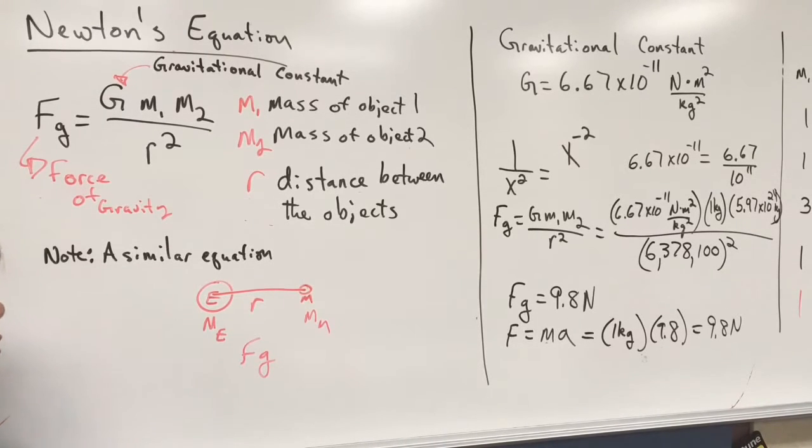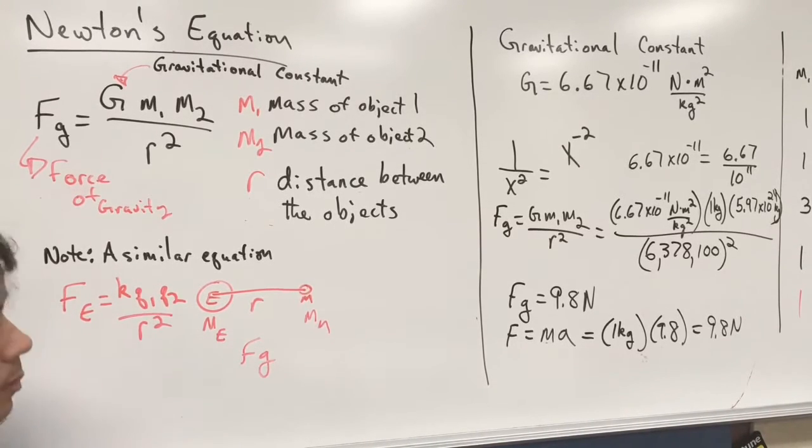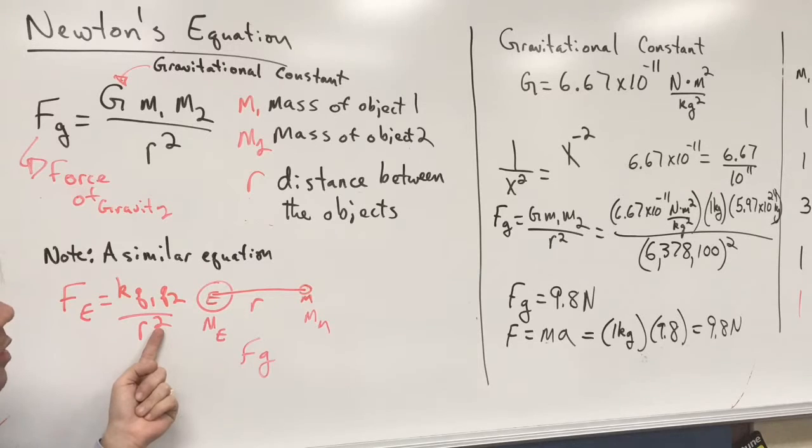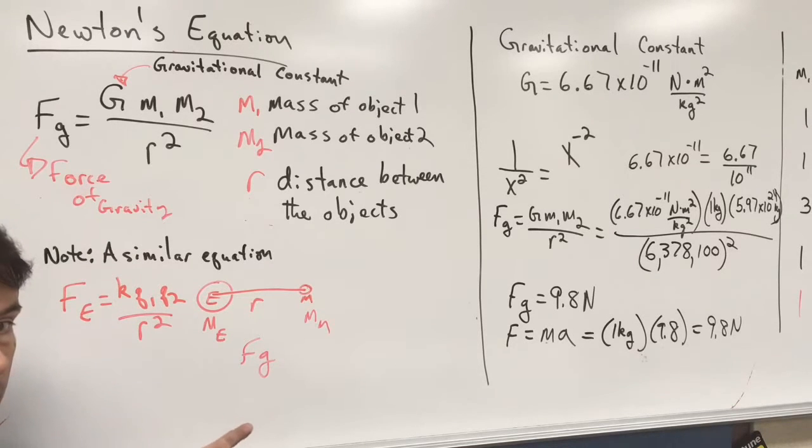This may be familiar to some of you because you may have learned the electric force is k Q1 Q2 over r squared. So they're very similar equations, and it's this similarity, this pattern that we've noticed, that leads us as scientists to come up with ideas like string theory and looking for theories of unification, where we're trying to connect all these forces that occur in nature and describe them with one equation.